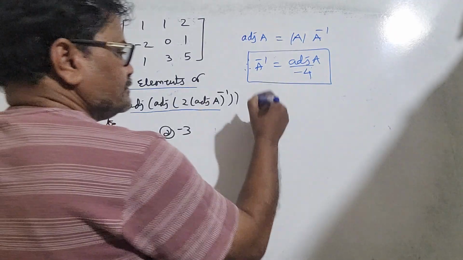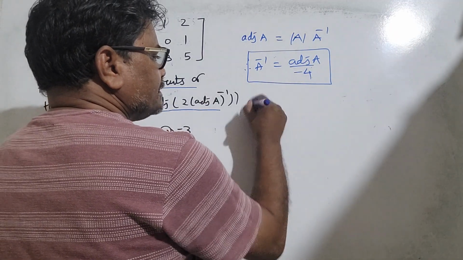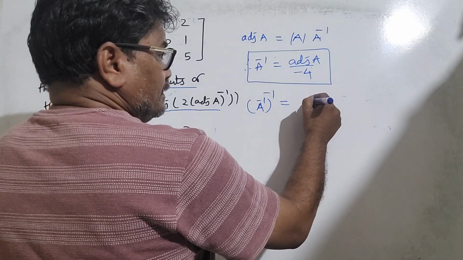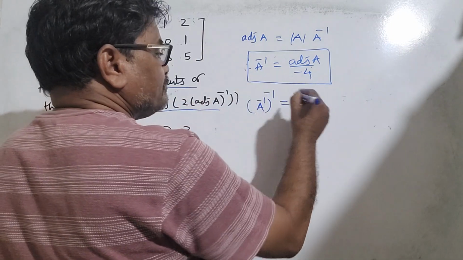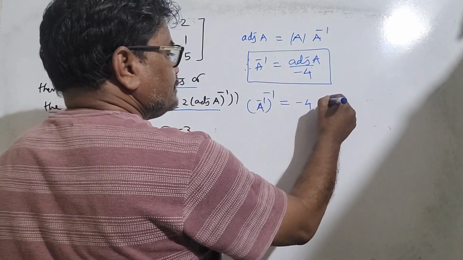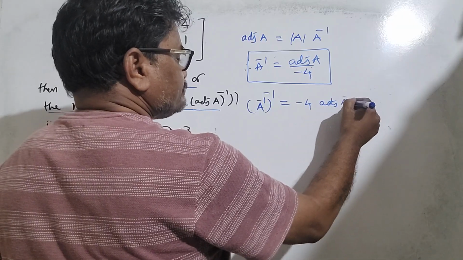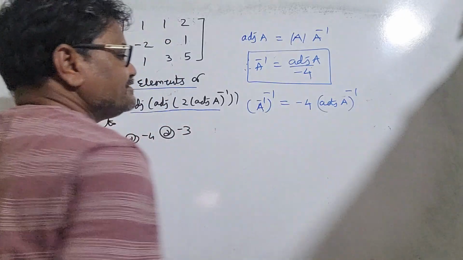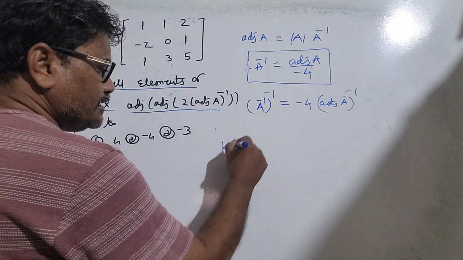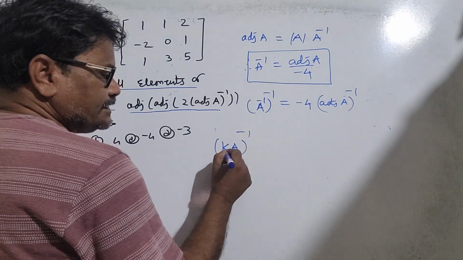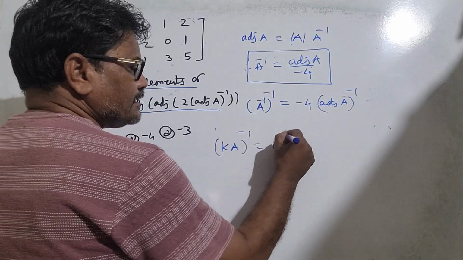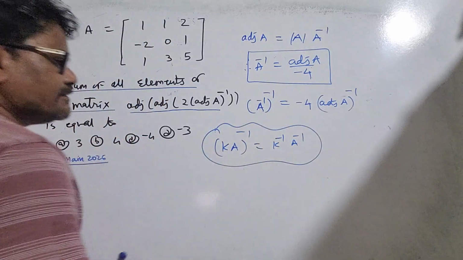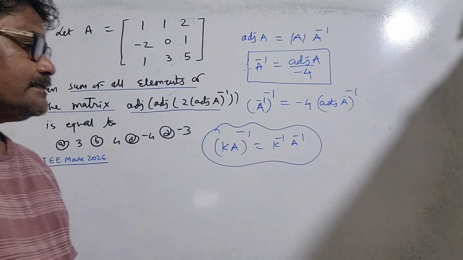Taking inverse, this becomes A inverse inverse, and this becomes -4 into inverse of adjoint of A, correct? Why? Because of the property that inverse of kA, where k is a scalar quantity, is 1/k into A inverse. We can use this property over here, correct?